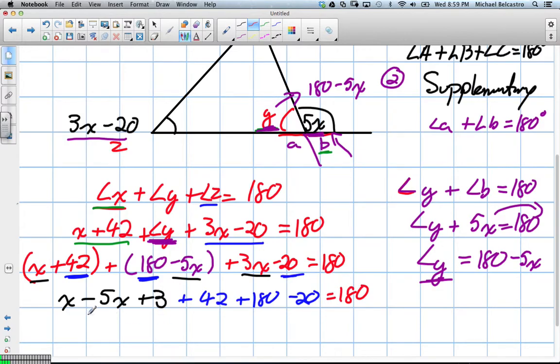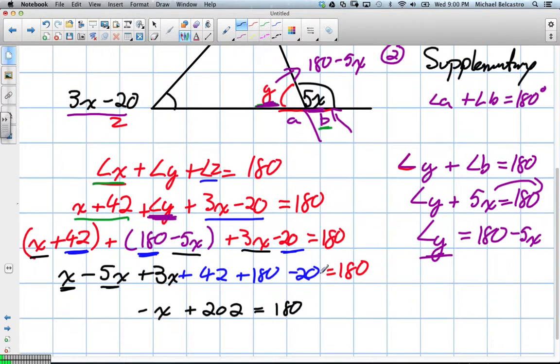So x on 3. Oh, you're right. I did forget x on 3. Good. So we collect our like terms. x minus 5x is actually negative 4x, plus 3x is negative x. And 42 plus 180 is 222, minus 20 will be 202. So negative x plus 202 is equal to 180.